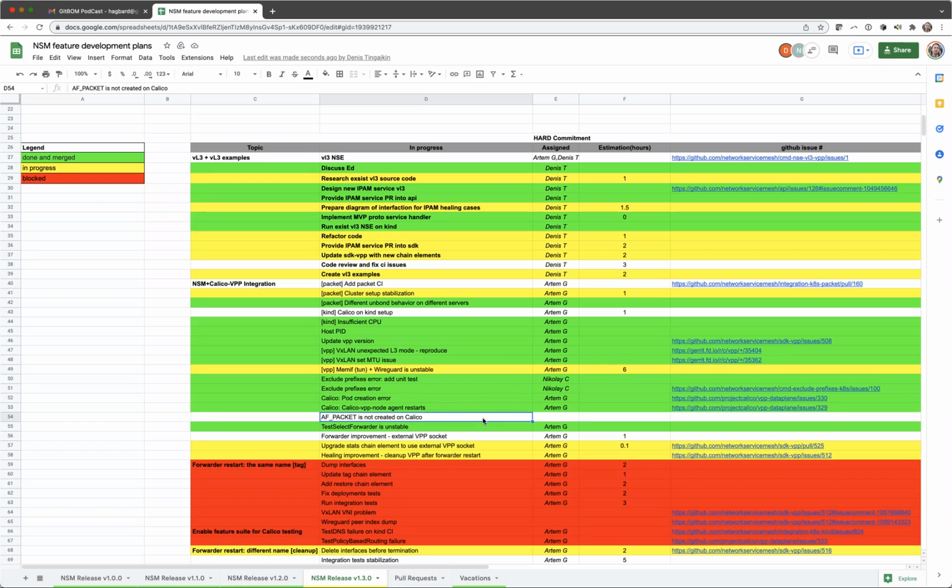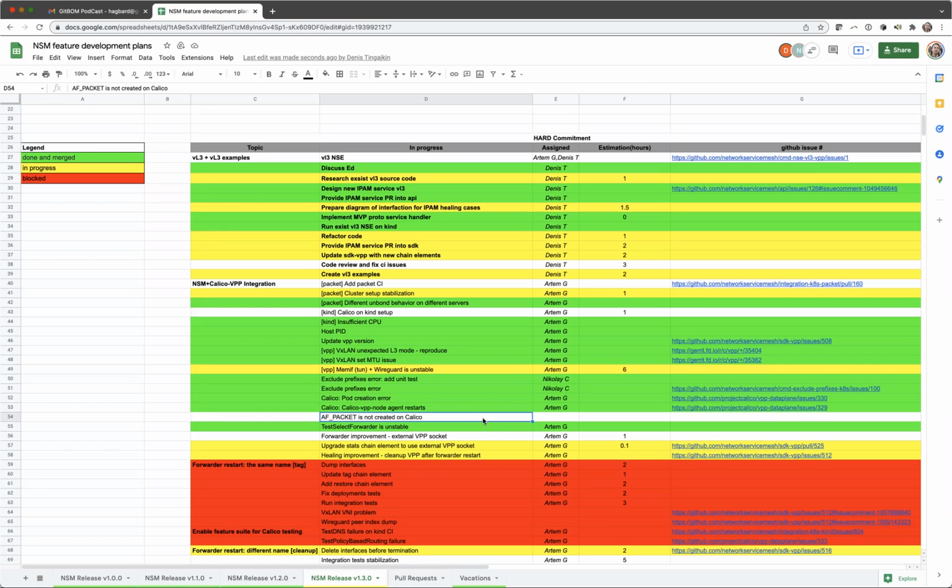So I think the question is, if AF packet is not created on Calico, do we get some kind of an error message as to why? Yes, something like invalid interfaces or something like that. The error was from a VPP API call.